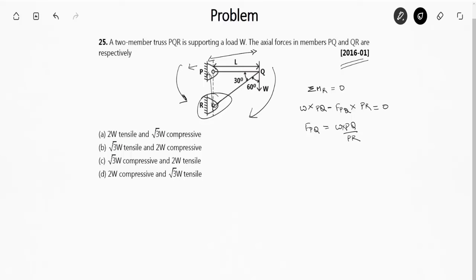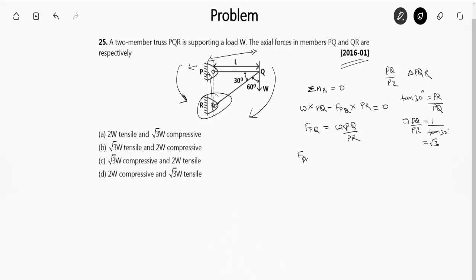So PQ upon PR, basically what is it? If you look in triangle PQR, we can write tan of 30 degree is equal to PR upon PQ. So basically PQ upon PR is 1 by tan of 30 degree, which is root 3.